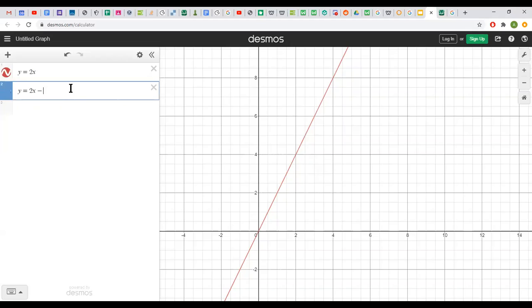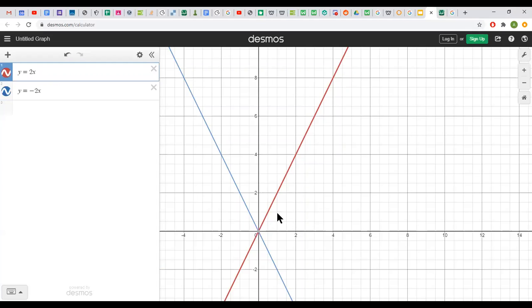Okay. Another basic function transformation that we're going to look at is when we multiply -1 to 2x. So -1 times 2x is just -2x. What happens here is that our line is reflected over the x-axis.